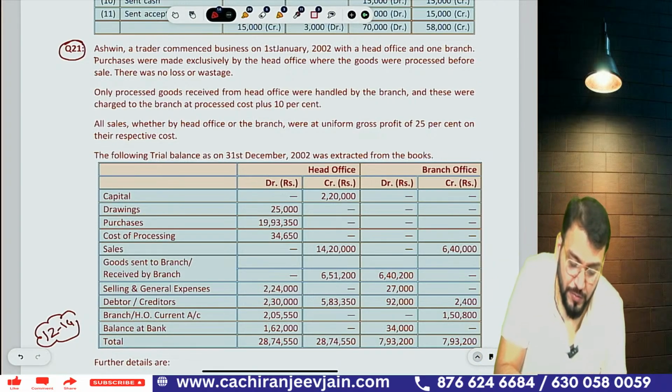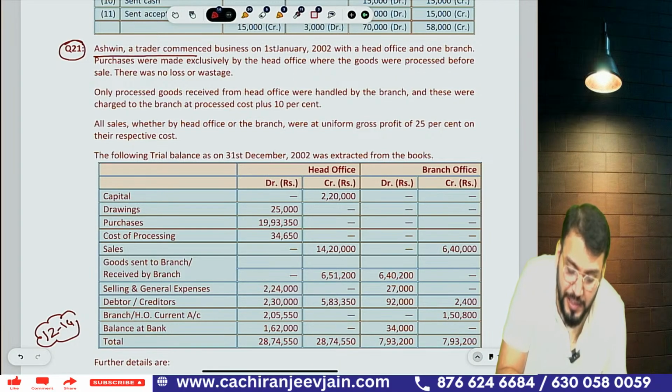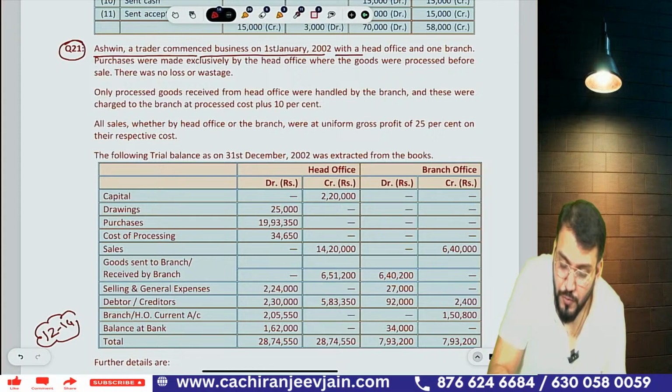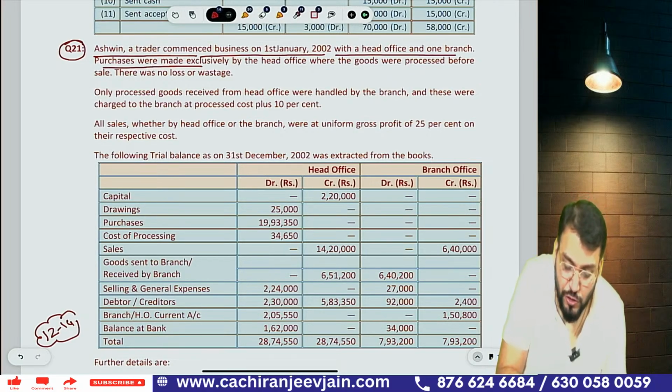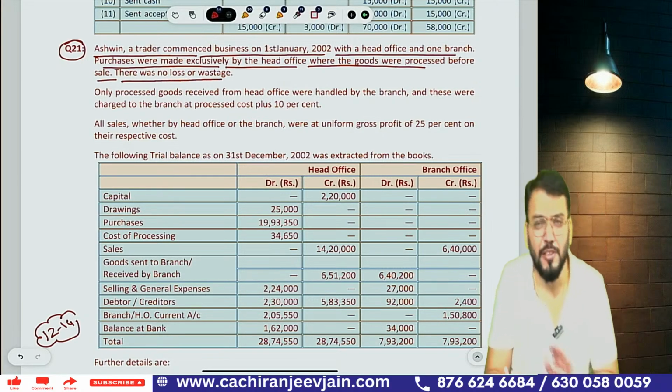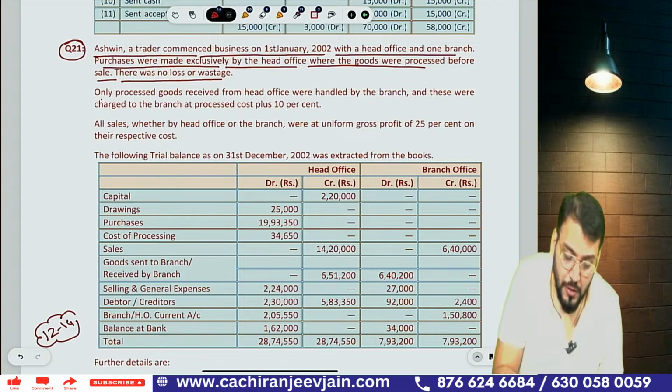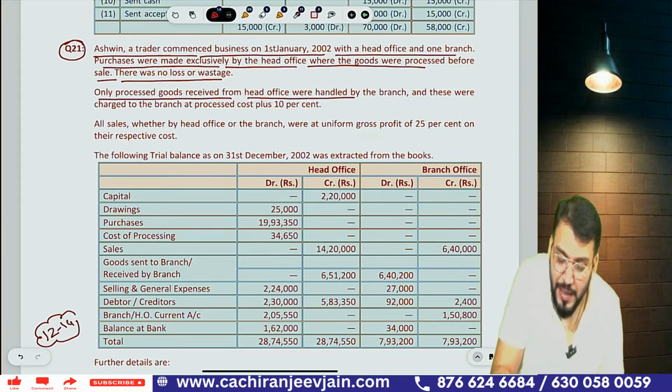Let me take the question. Aswin, a trader, commenced business on 1st Jan 2002 with a head office and one branch. Purchases were made exclusively by the head office, where the goods are processed before the sale. There was no loss or wastage, no abnormal loss. Only processed goods received from head office were handled by the branch.